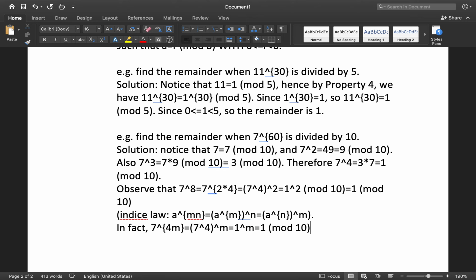Hence now 7 to the power 60. Because you can change it to 7 to the power 15 times 4, right? But then you can split the index again, just like what I did, into 7 to the power 4, and then you raise it to the power 15, and that must be congruent to 1 modulo 10.